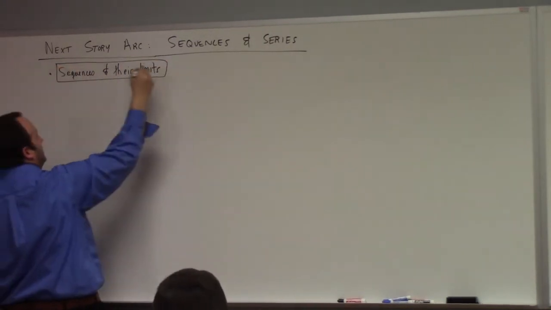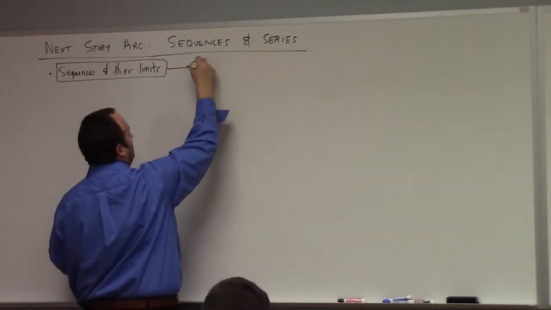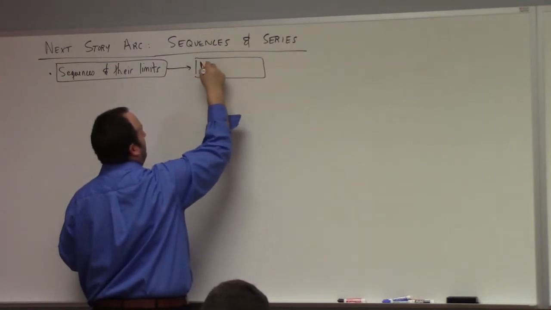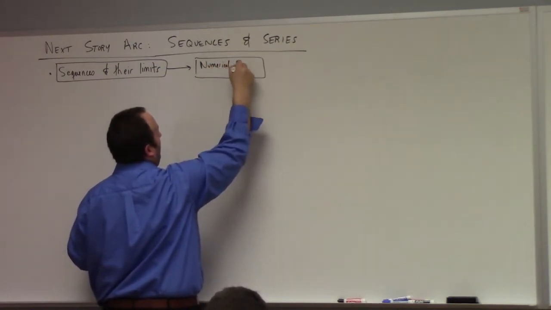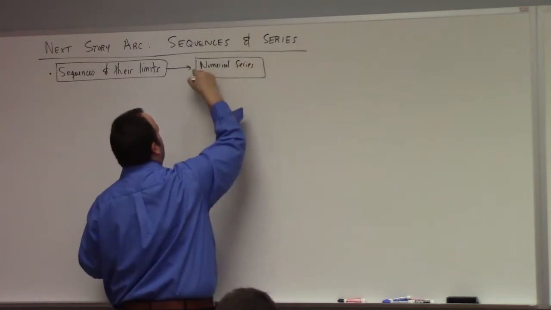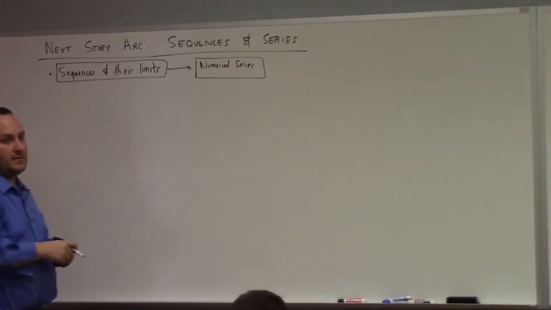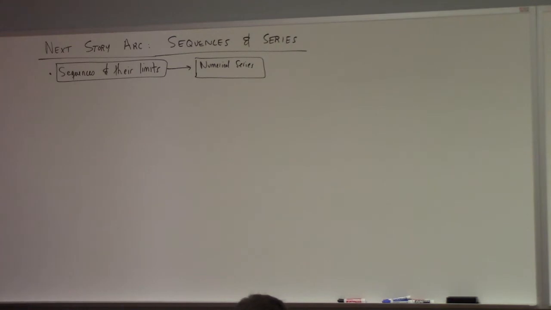Once we've got that settled, that allows us to define numerical series. In other words, a series of numbers is formed by taking a sequence and just adding up all of the terms in the sequence, one after the other.